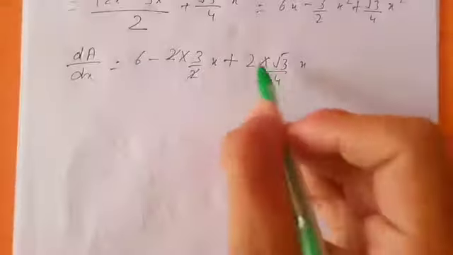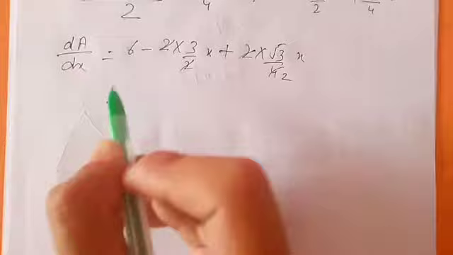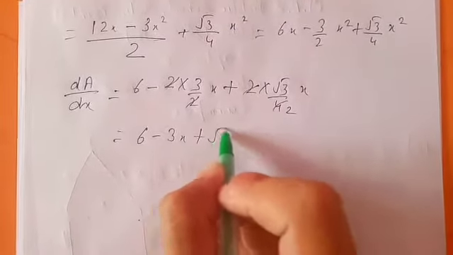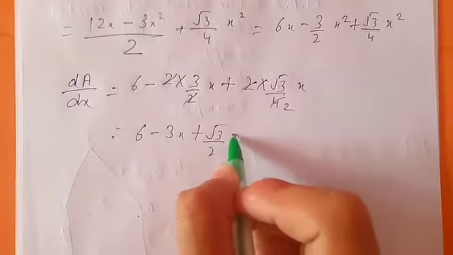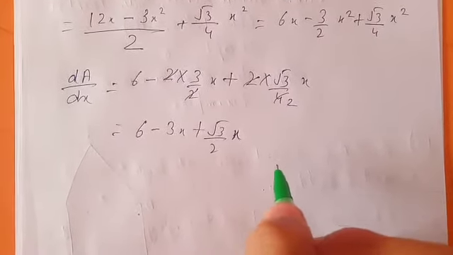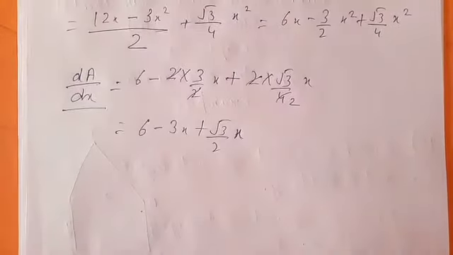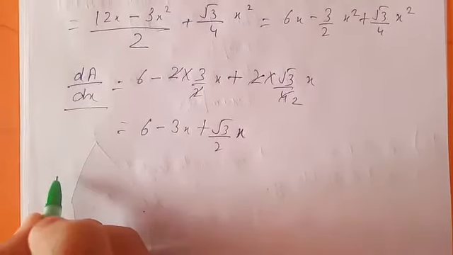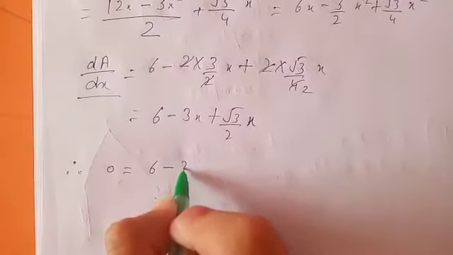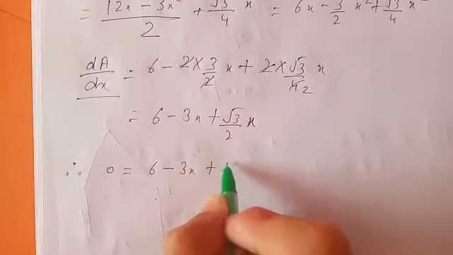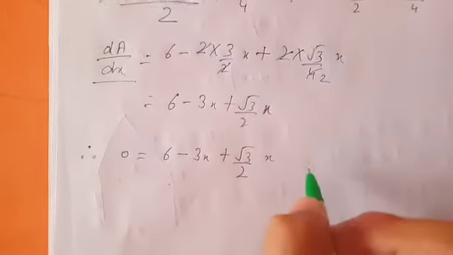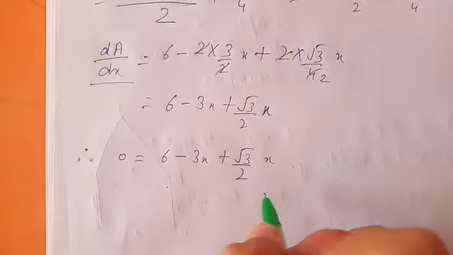These two cancel, so our dA by dx becomes 6 minus 3x plus root 3 by 2 x. And we know to find out maxima or minima at any point, we have to take our first derivative as 0. Therefore 0 is equal to 6 minus 3x plus root 3 by 2 x.